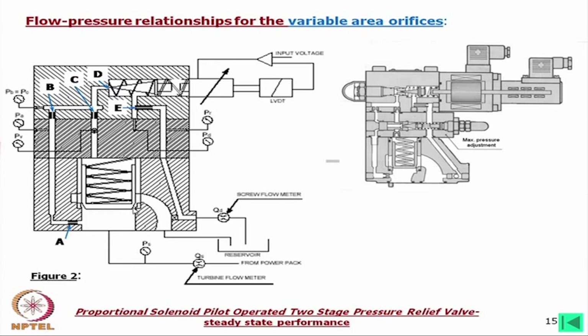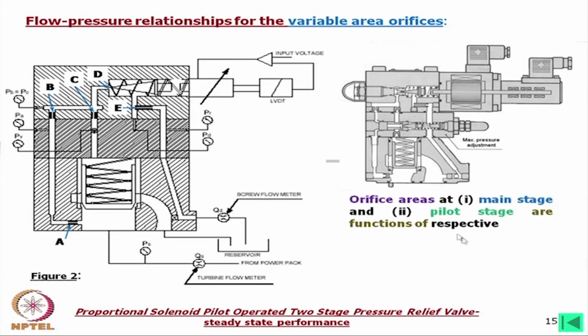So, definitely with a small displacement the increase in the area will be much higher than this. So, definitely these will have different values of CD, the coefficient of discharge. We will look into this.